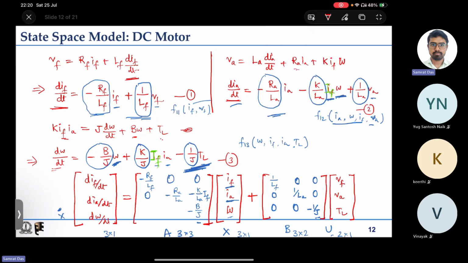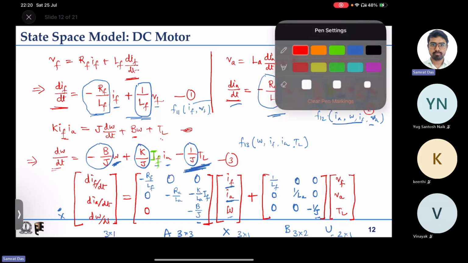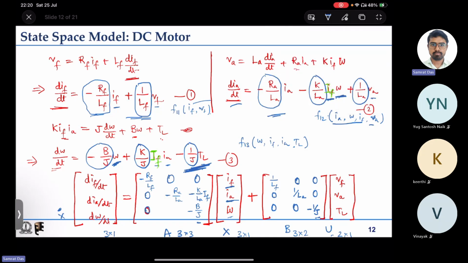So the first term again is 0, because it does not depend on the field current as a state variable, and this one comes as k by j into if. So this becomes the first equation of the state space model of DC motor.